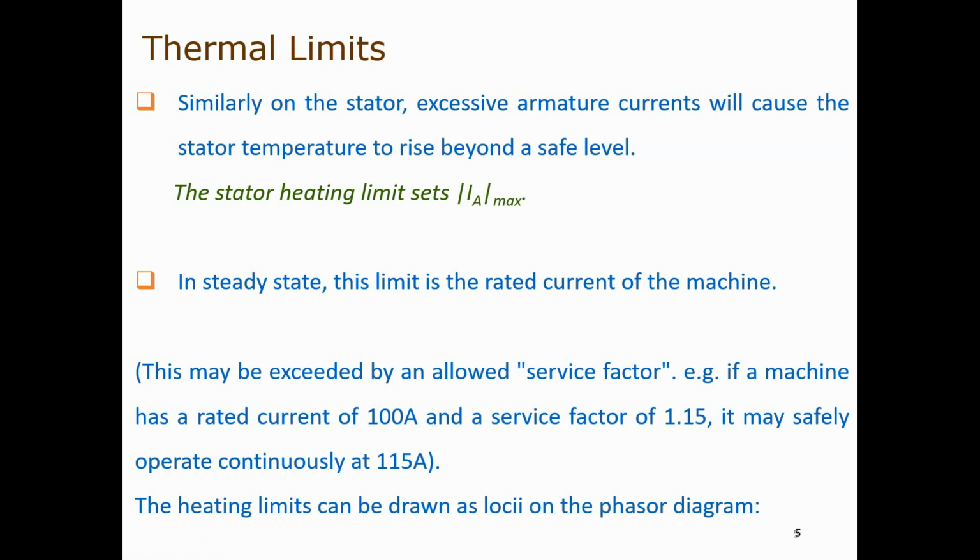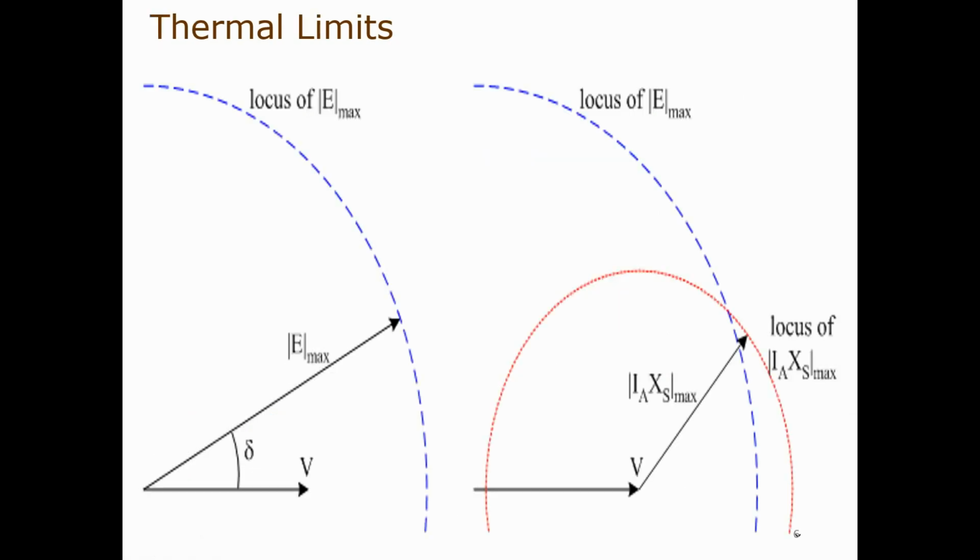Let us take an example to understand a service factor. For example, the rated current of the generator is 100 ampere and the service factor is 1.15. It means the generator can operate safely at 115 ampere. The heating limits can be drawn as a locus on the phasor diagram. So the rotor heating limit E maximum and stator heating limit Ia maximum can be drawn on the phasor diagram.